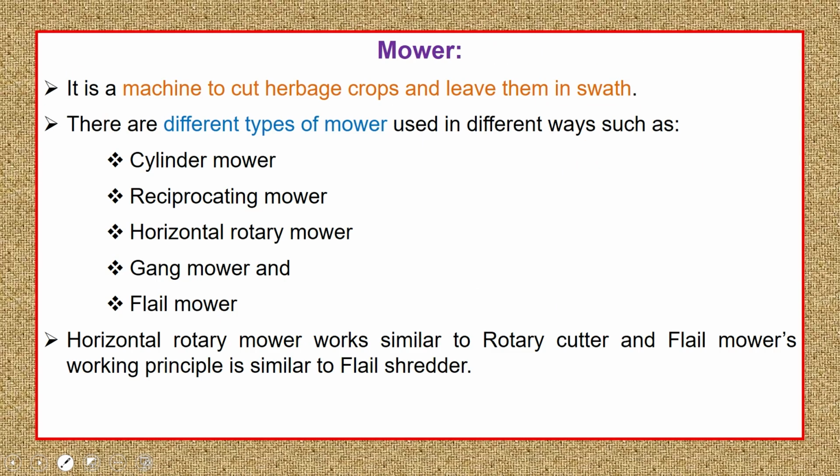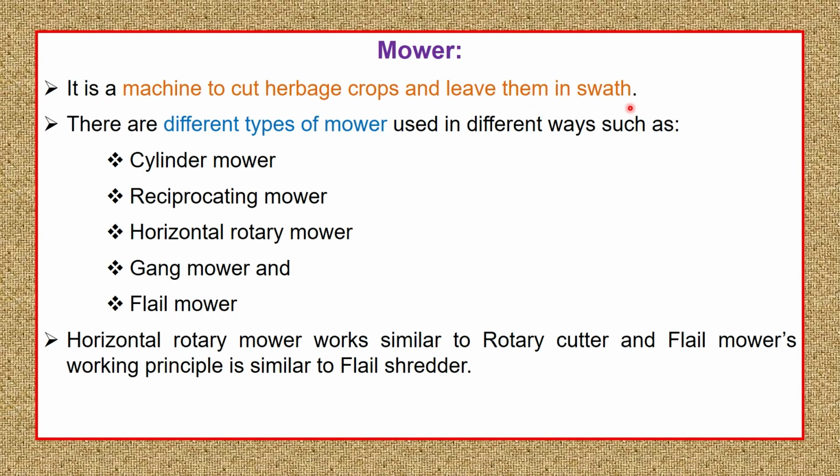Okay, so the next machine used for harvesting of crop is a mower. A mower is a machine which is used to cut herbage and forage crops and leave them in a swath. Again, these types of machines are not for harvesting grain crops. Our grain crops are like wheat, paddy, any cereals, any pulses, or any other crops having grains which we target to harvest and collect.